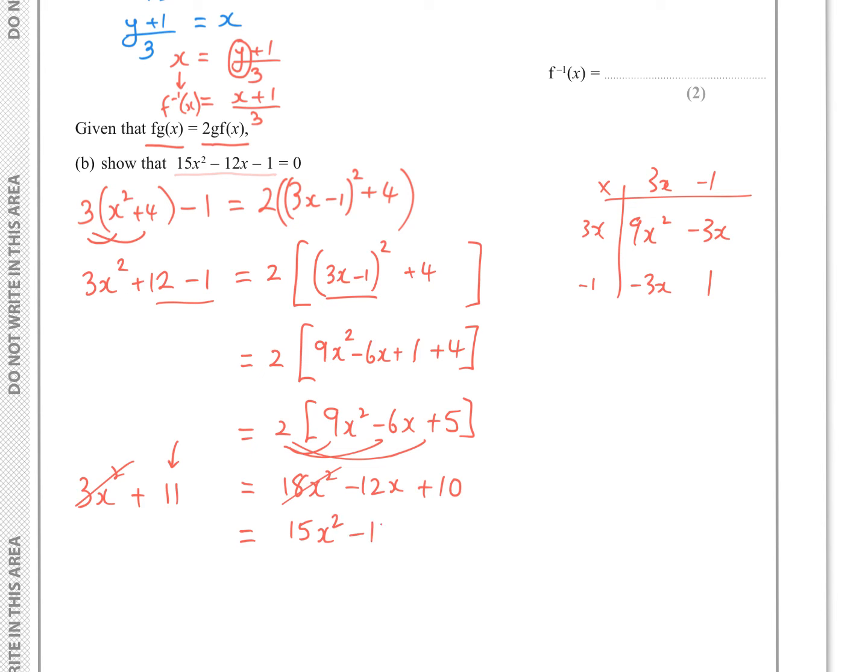The minus 12x there is already waiting for us, and I'm going to take 11 off both sides. And that's going to give us 15x squared minus 12x minus 1 equals 0, which is what we had to show here.